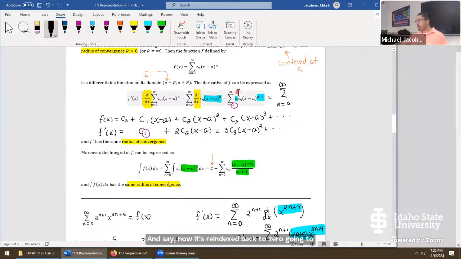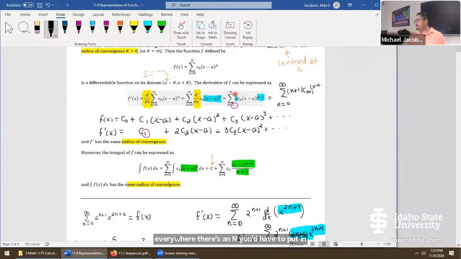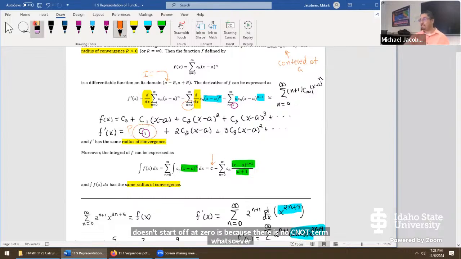But if you did that, it went down by 1, so everywhere there's an n, you'd have to put in n plus 1, c n plus 1, x minus a to the power of n. So if you index that in 0, you'd have to write in your answer that way. So yeah, it's kind of weird. The only reason it doesn't start off at 0 is because there is no c0 term whatsoever. There's only a c1 term. Does that make sense with that question there?